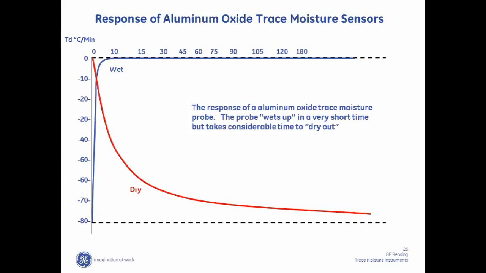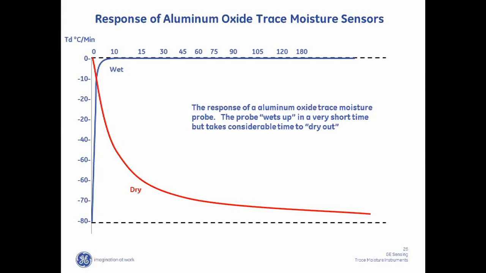A number of our instruments have an enhanced response, and we're able to improve that response by a fairly good magnitude. Here we show a step change to 1 ppm from ambient conditions, and without the enhanced response time it took about 50 minutes. But with the enhanced response time it only took 1.5 minutes.